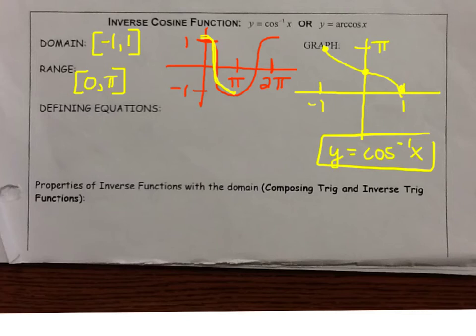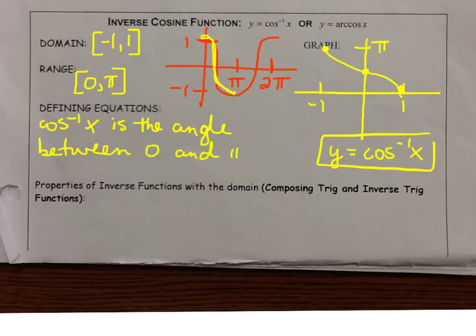You'll never answer with 2 pi or any angles like that for inverse cosine. Okay, define the equation. So here's another one. Inverse cosine x is the angle always between 0 and pi, so that it's 1-to-1, okay, whose cosine is x.